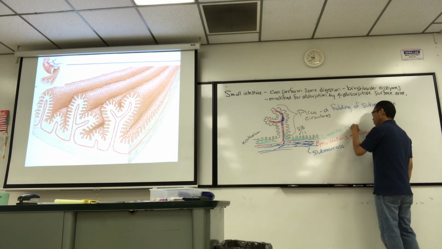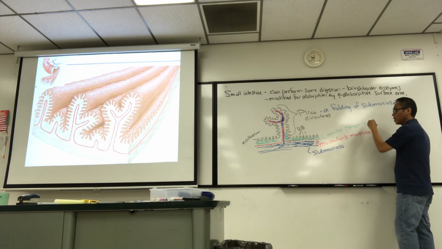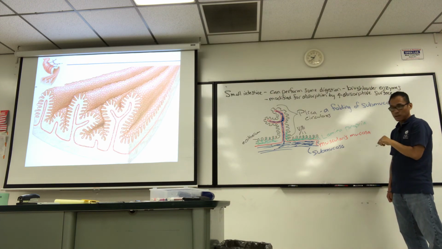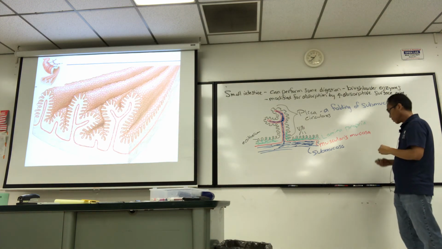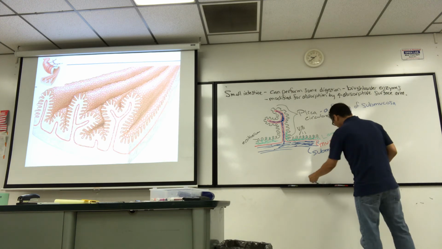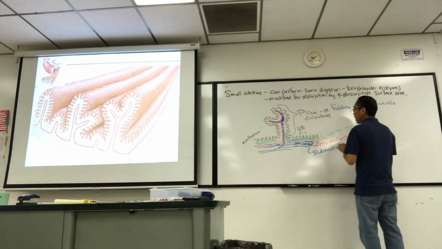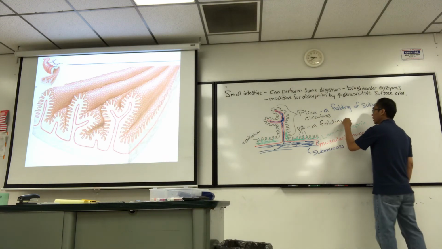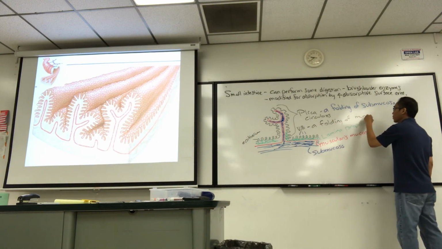Well, anyways, the villi are a folding of the mucosa, because of that lamina propria folding up into the villi. Villi, a folding of mucosa.